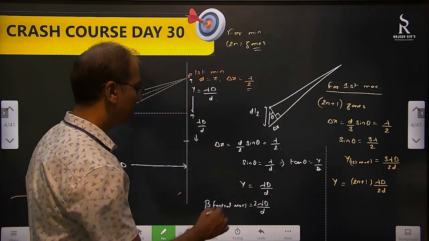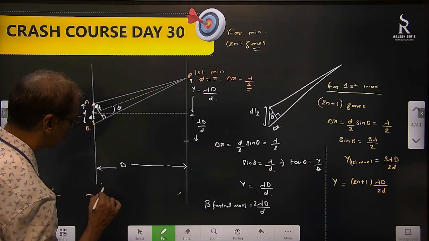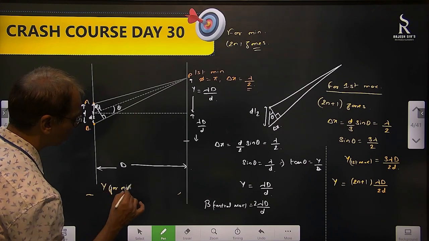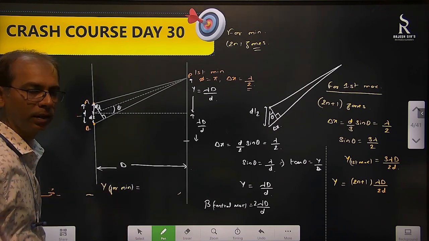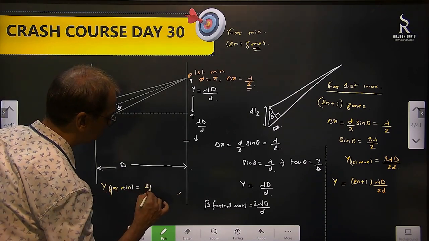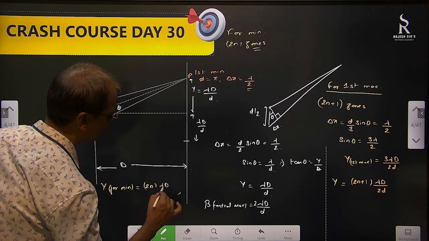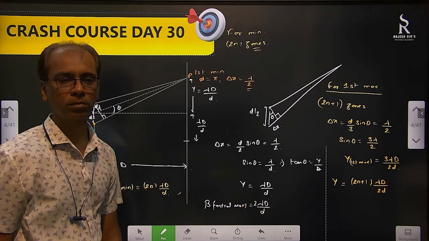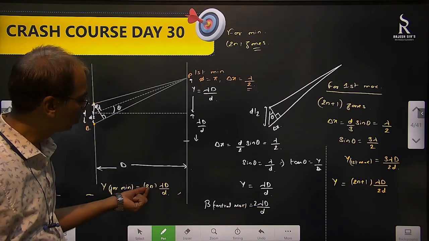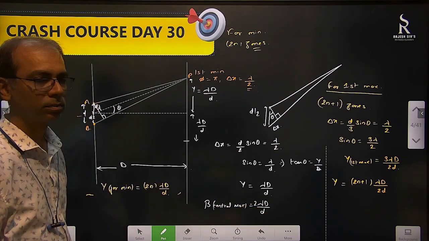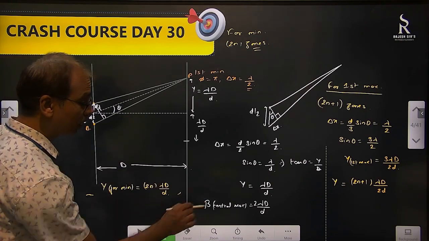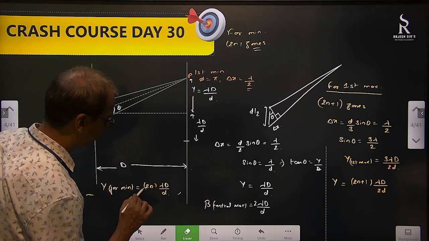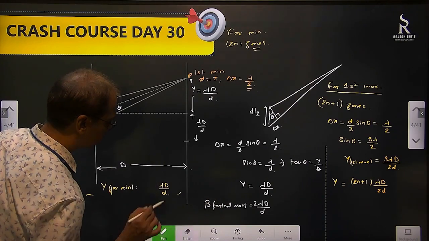Okay, same way y for minima. What do you get? 2n lambda capital D by 2. First minima is there. First minima 2 into 1. Or 2 into 1 is actually beta, not y. Sorry. Here y we are writing. So y is n.